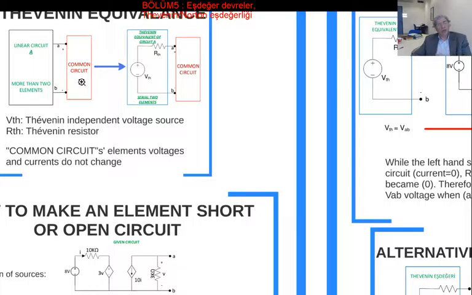It could be an element or a circuit. If it is an element, the current and voltage of this element in the original circuit, as a load, and in this circuit, the load current and voltage as the output of the Thevenin equivalent circuit are going to be the same.